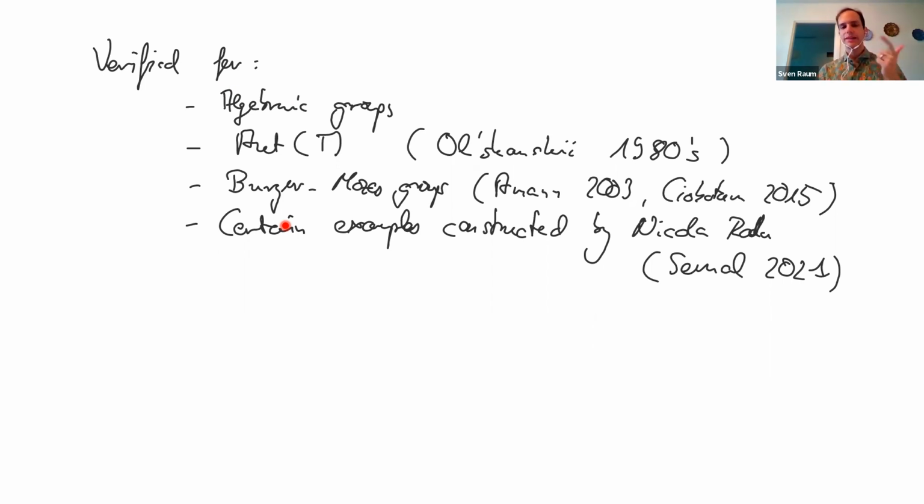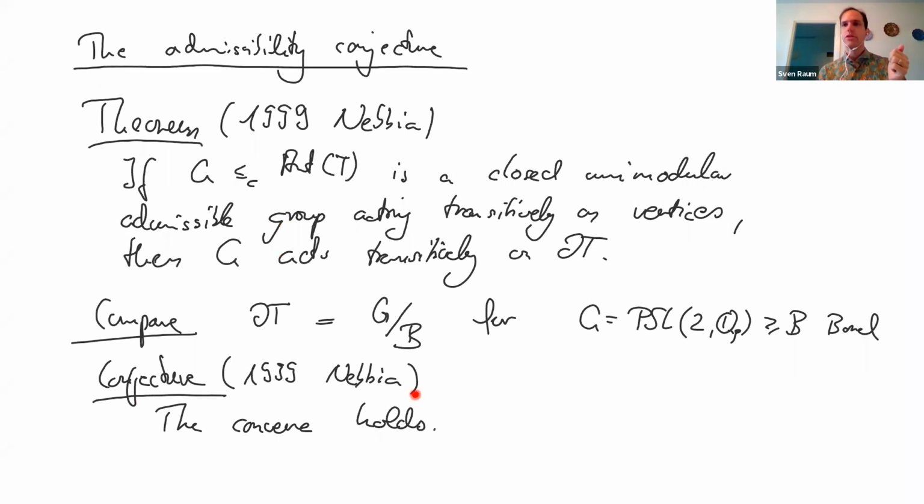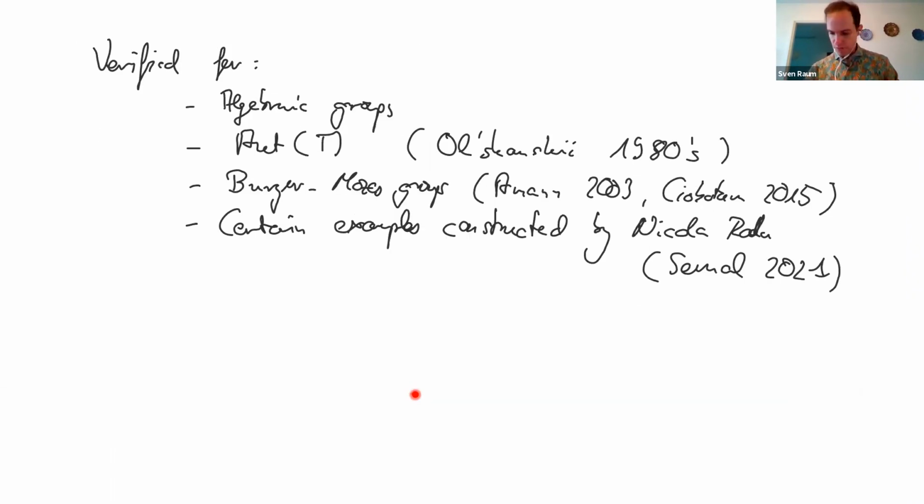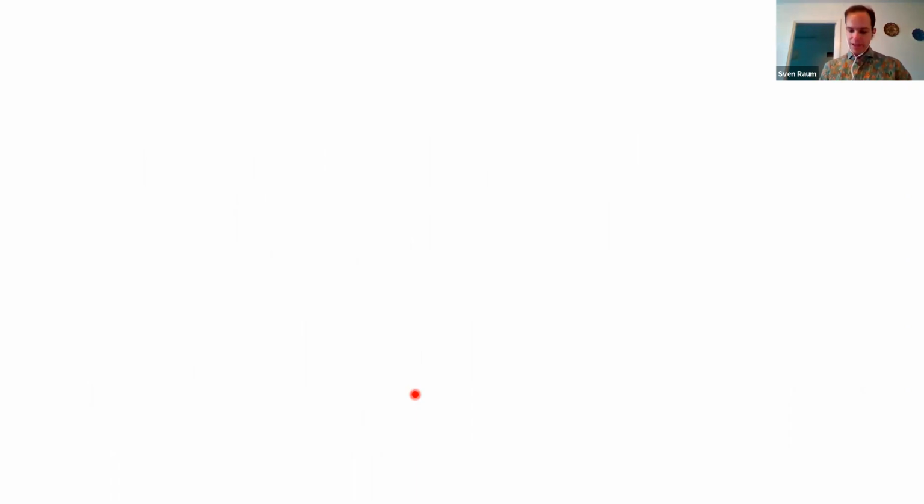Second, why would a group like this fail to have good representation theory? And third, maybe I will have time for that or not, to be seen: how can one go on? Maybe there are operator algebraic tools one could apply in order to prove actually this type 1 conjecture. Okay. And there are some ideas around, but as I said, somehow this project was a bit dormant over the last years. Okay, my main tool will be group von Neumann algebras.